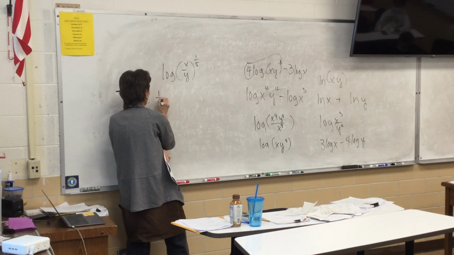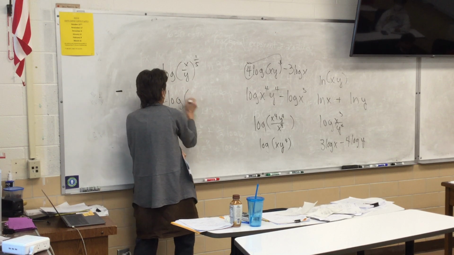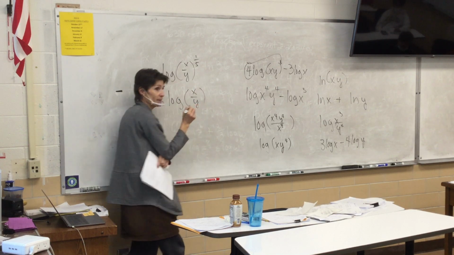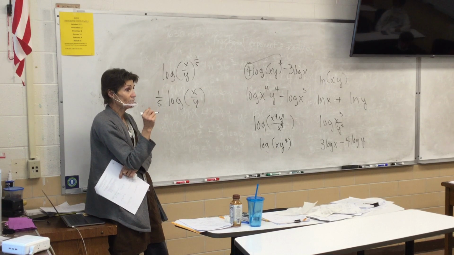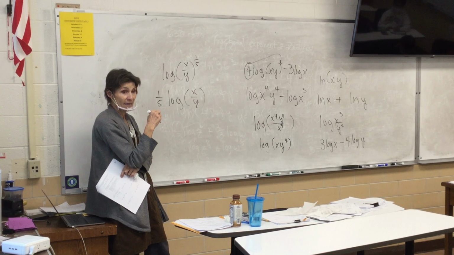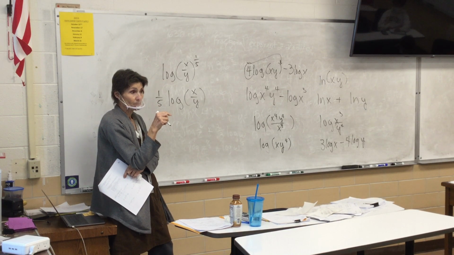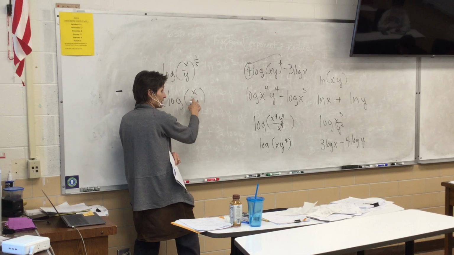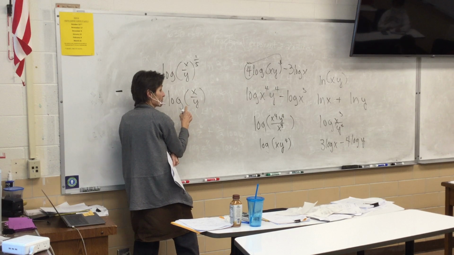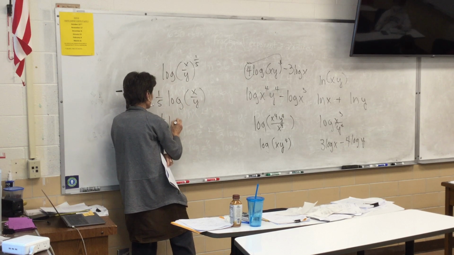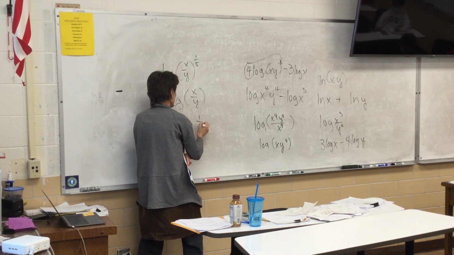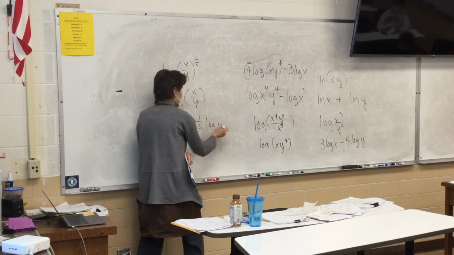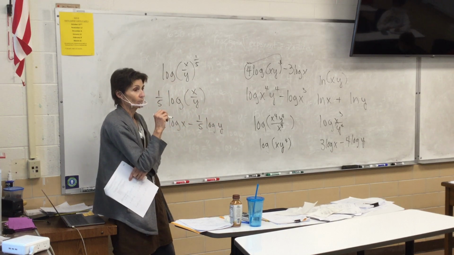And then Colin, I think I saw you say it's gonna be distributed, because isn't that 1/5 gonna be attached to the X and the Y? And when I split it, I'll split it as a subtraction. So 1/5 log X minus 1/5 log Y. Perfect.